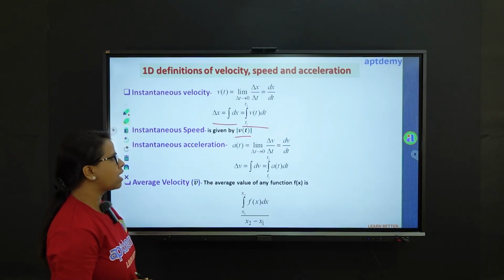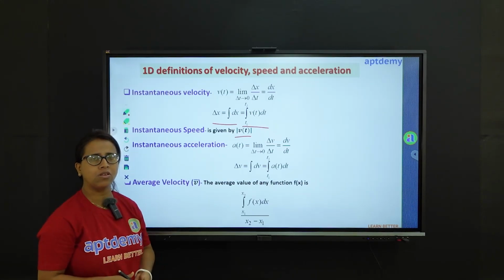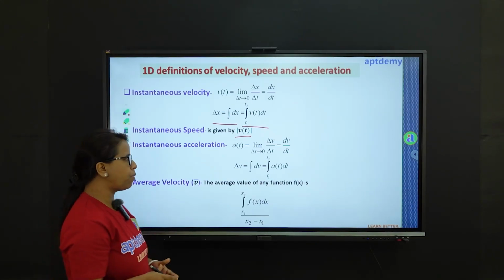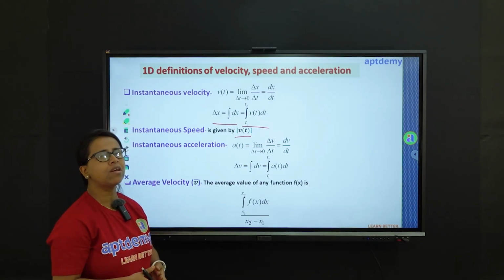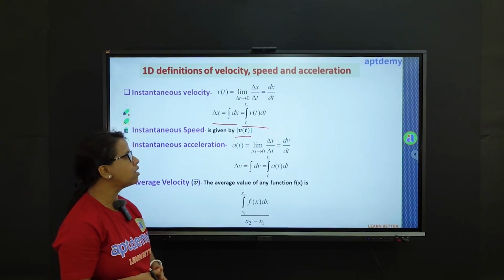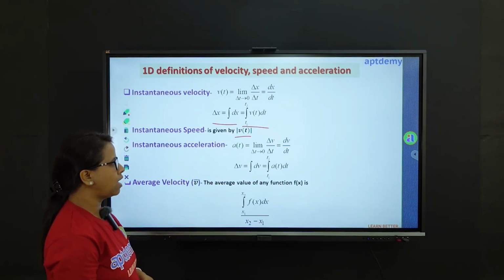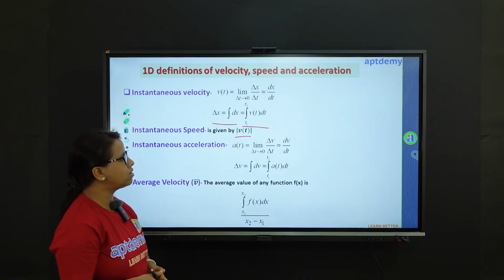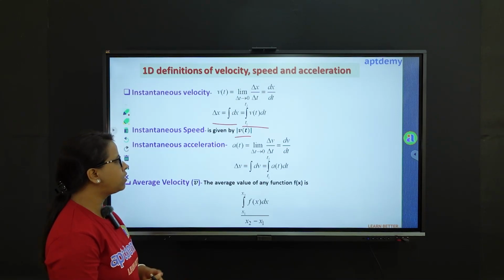Now instantaneous acceleration is the acceleration at any particular instant of time during the motion of the particle. As we know, acceleration has been defined as the rate of change of velocity. Similarly, instantaneous acceleration a of t can be written as limit delta t tending to 0 of delta v over delta t, or dv/dt.